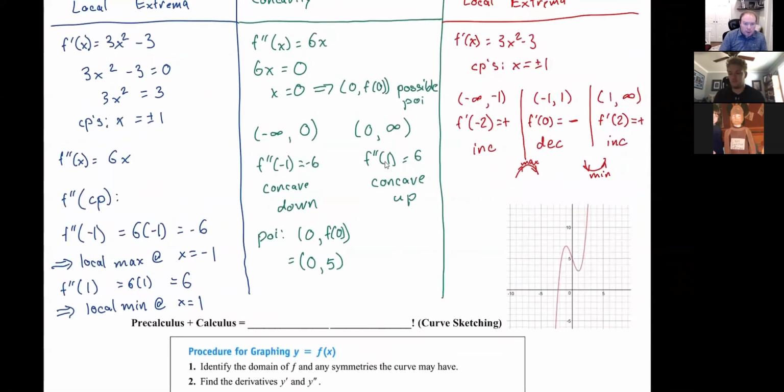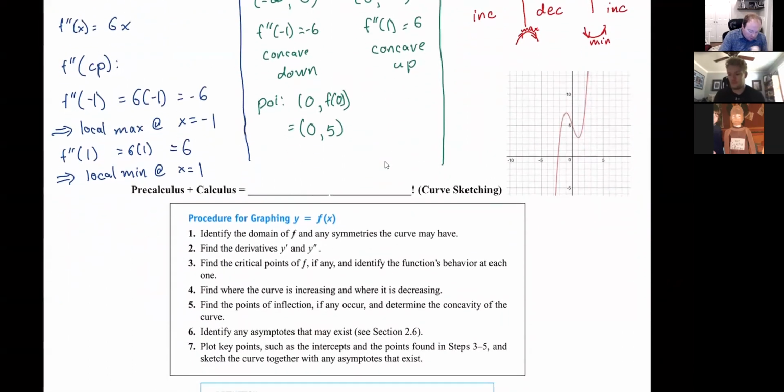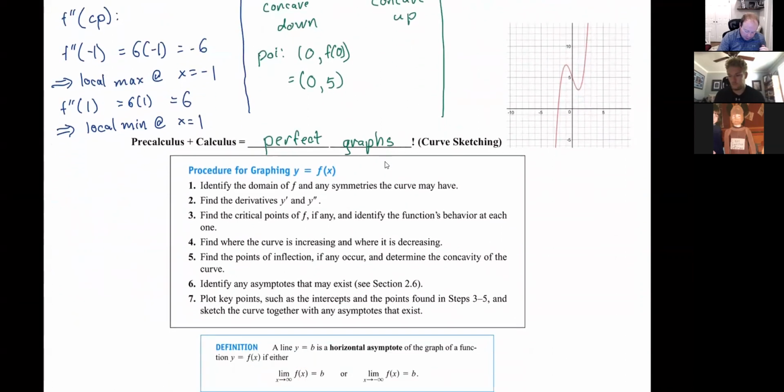And if we combine these derivative tests with what we learned in pre-calculus, we essentially have a way to make perfect graphs. We're not going to go too much into detail with this, but it allows us to figure out all the local extrema along with the ideas that we learned first in pre-calculus.